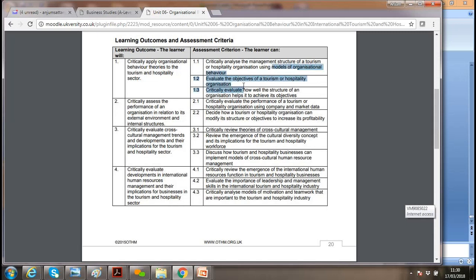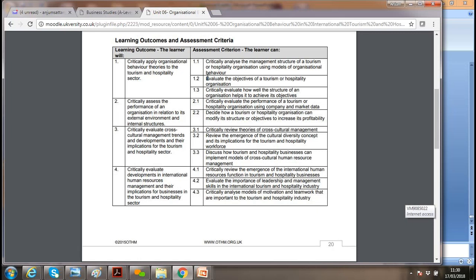We discussed the definition and structure of the hospitality industry, and critically analyzed management structures, where we discussed different management theories and a little organization behavior.